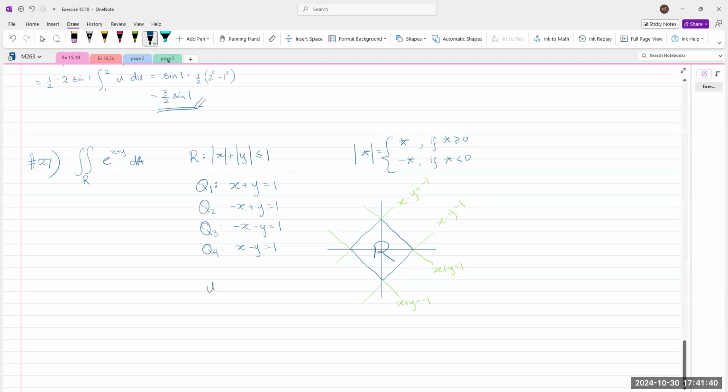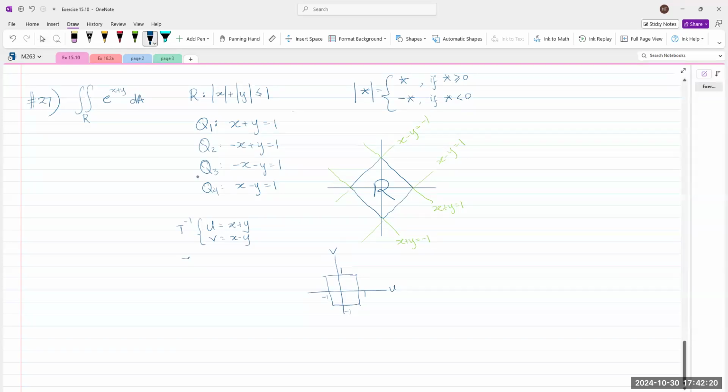So call u equals x plus y, and phi equals x minus y. Will this be T or T inverse? This is from bad guy to good guy. That's T inverse. But we know our good guy later on will be a nice rectangle, negative 1 to 1, negative 1 to 1.